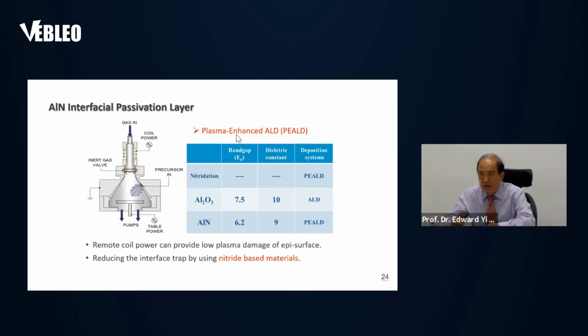And this is the tool we use: an aluminum nitride passivation layer. In the surface passivation, we use an aluminum nitride layer first, and this aluminum nitride layer is deposited using plasma enhanced ALD. So you can see that with plasma enhanced ALD, you can actually reduce the surface states.